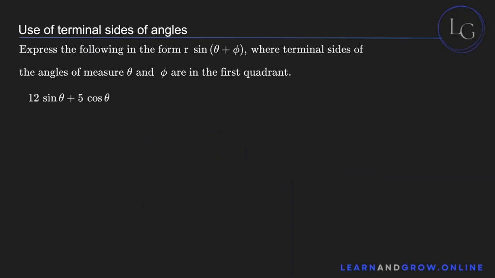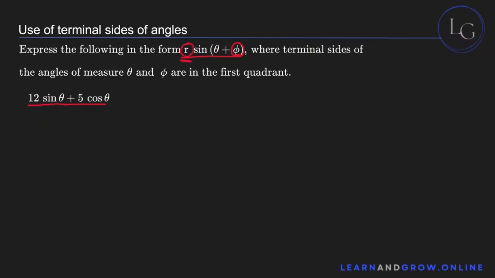Now, this question states that we need to express this expression in this form. So what we need to do is find the value of r, and find the value of this phi. Okay, to find the value of r, it's fairly simple.